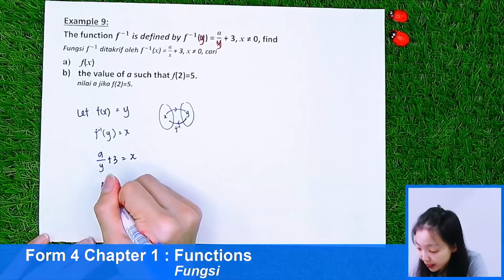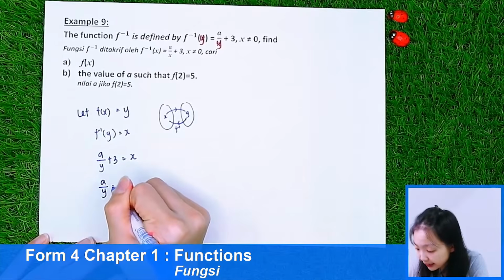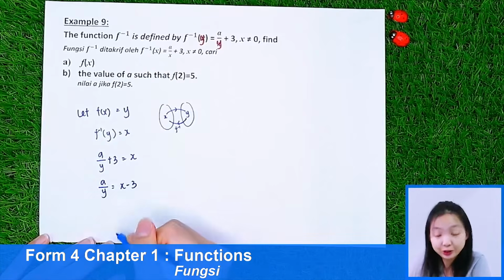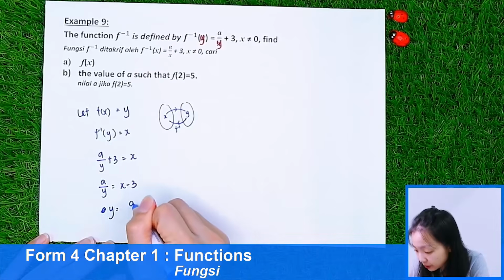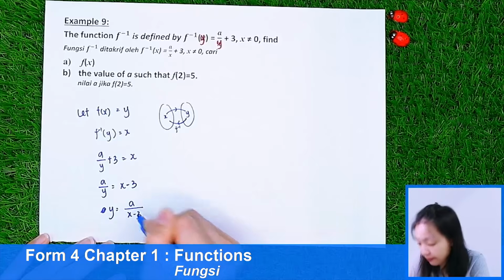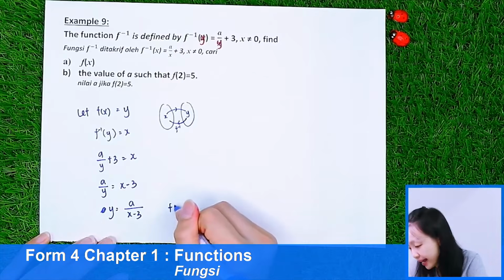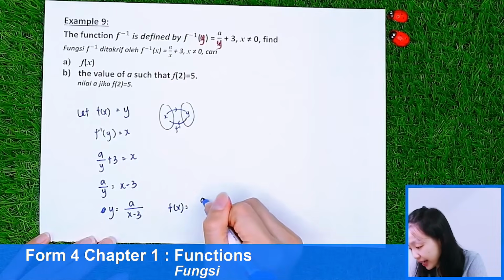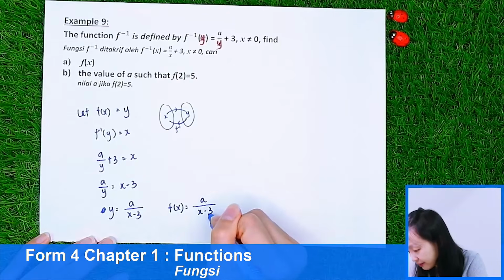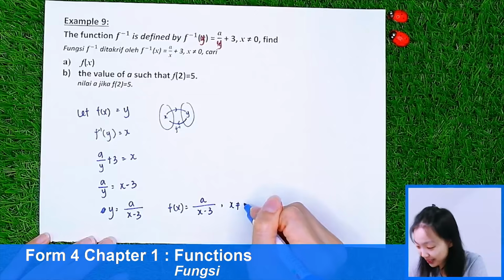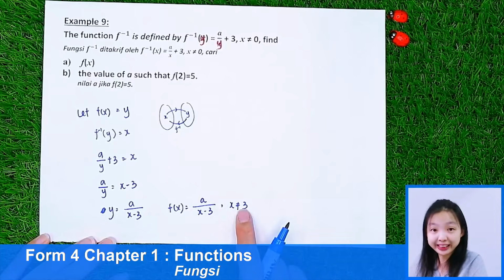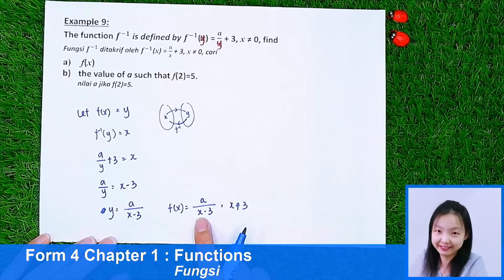I want to find my y. a over y is equals to x minus 3. y is equals to a over (x minus 3). So my f(x) is equals to a over (x minus 3), with the condition x cannot be 3. Why cannot be 3? Because when it is 3, the function f will be undefined.